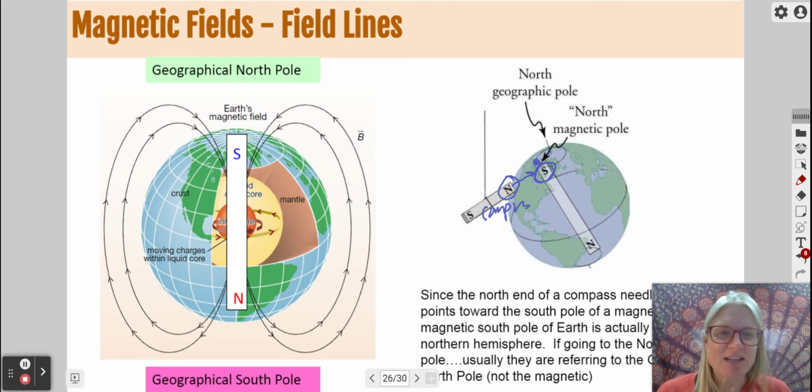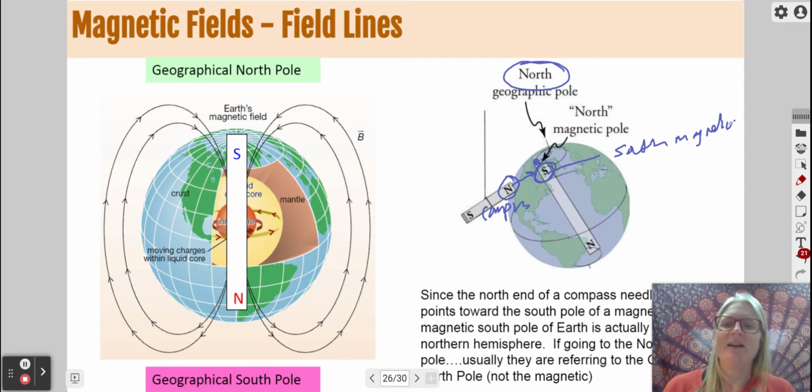So actually, our north geographic pole is technically the south magnetic pole. Weird, hey? Anyway, just something to think about. There is some more about this in your textbook to really get a grasp on that. It's kind of an odd way to think.